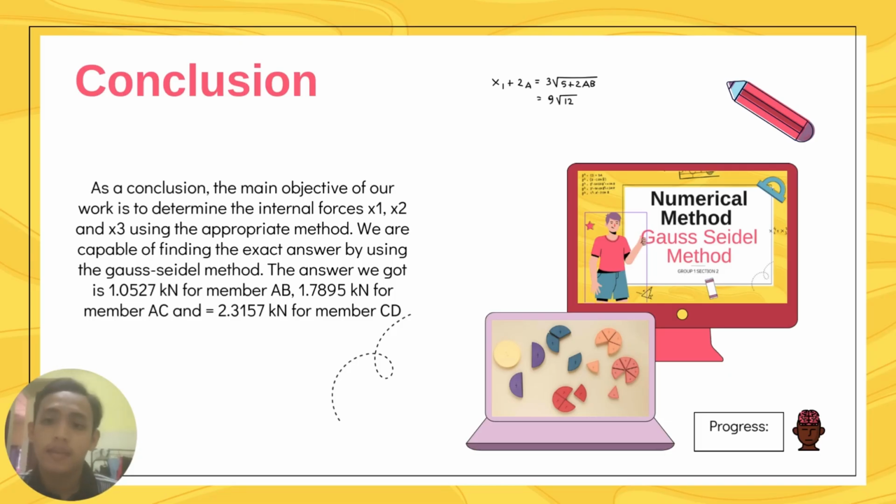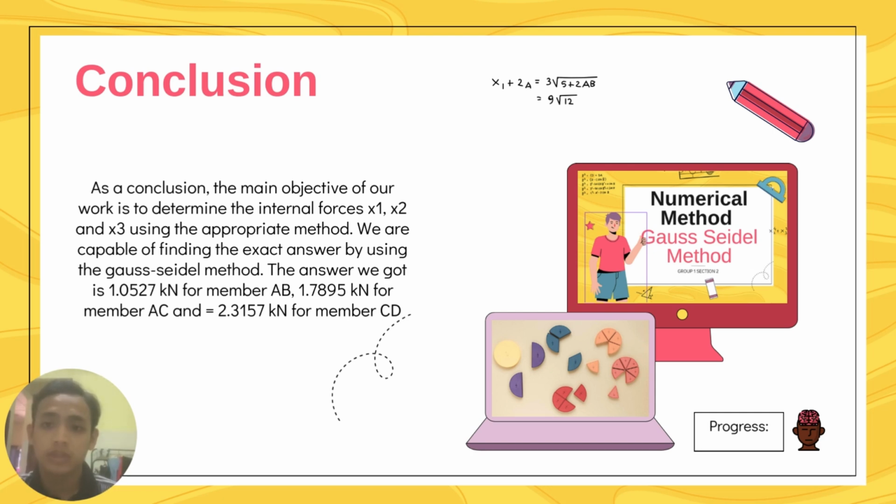As a conclusion, the main objective of our work is to determine the internal forces S1, S2 and S3 using an appropriate method. We are capable of finding the exact answer using the Gauss-Seidel method.